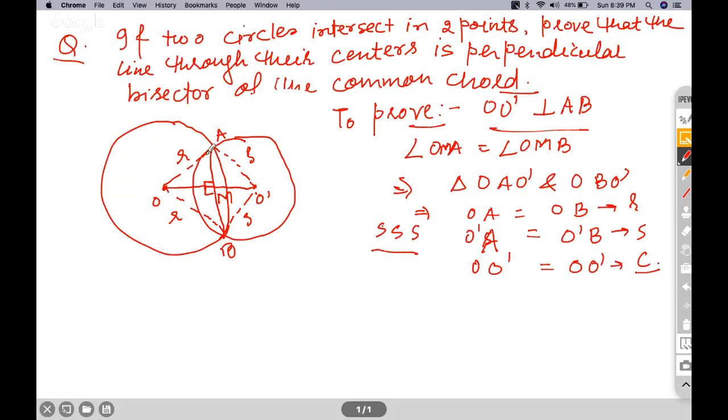Angle OAO dash is equal to angle OBO dash, this is equal by CPCT. I can also write that angle AOO dash is equal to angle BOO dash. This also I can write.